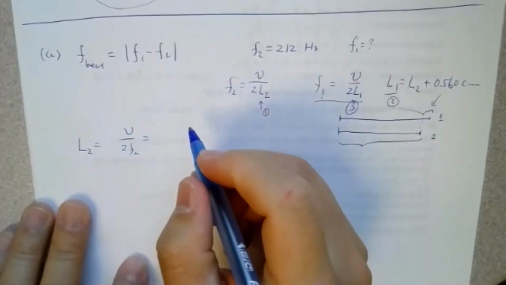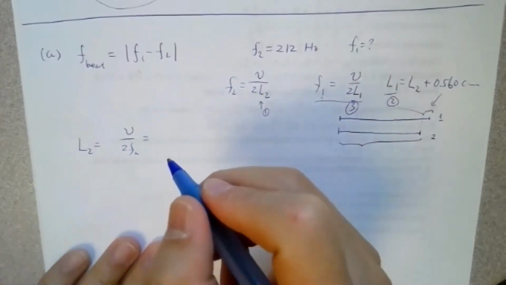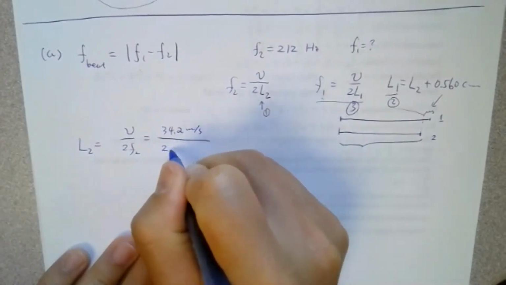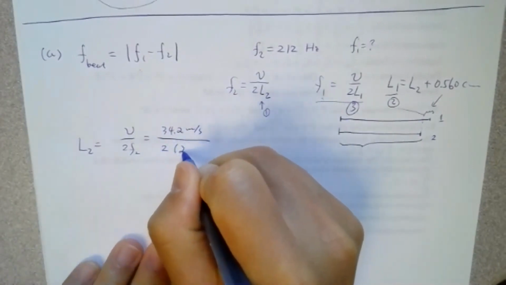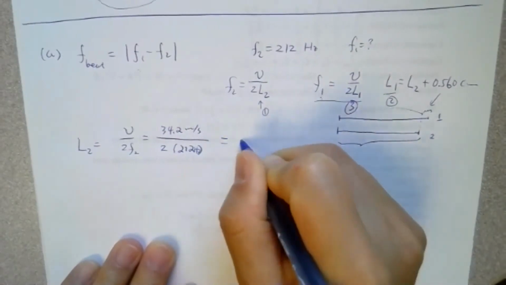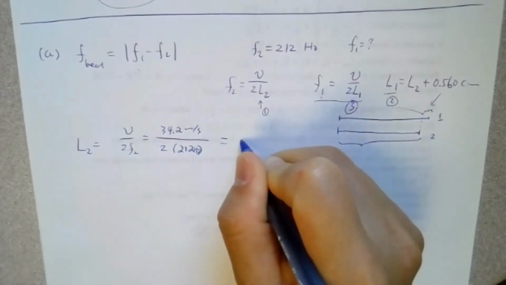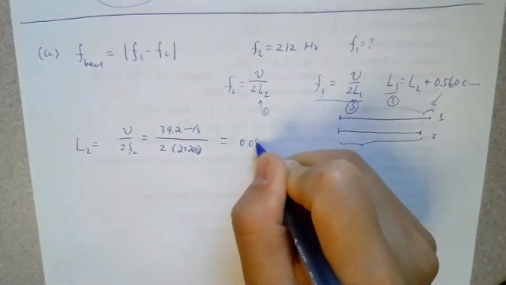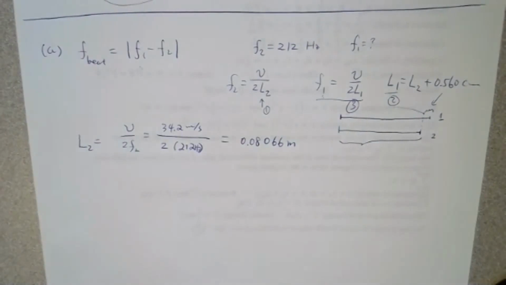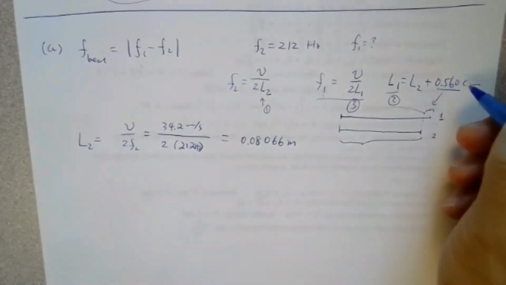V is given as 34.2 meters per second, divided by 2 times the frequency 212 hertz. That gives you L2 as 0.08066 meters.